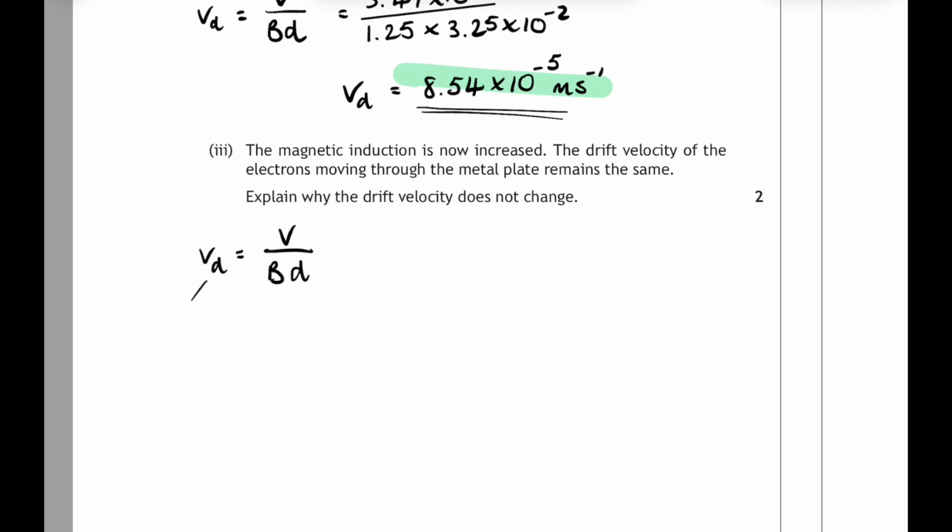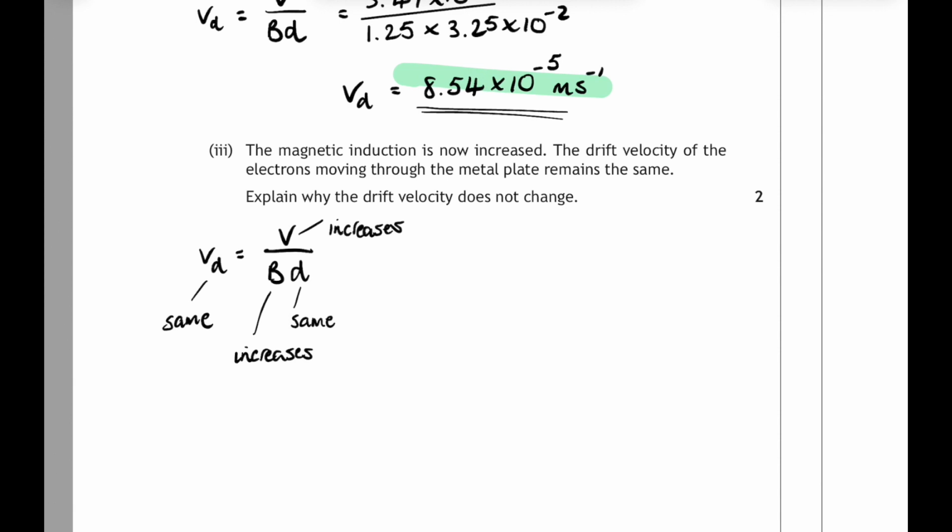And we're told the drift velocity doesn't change, it stays the same. And the height of the plates will stay the same as well. But we're told in the question that the magnetic induction is now increased. So therefore, for the drift velocity to stay the same, then the potential difference must increase as well.